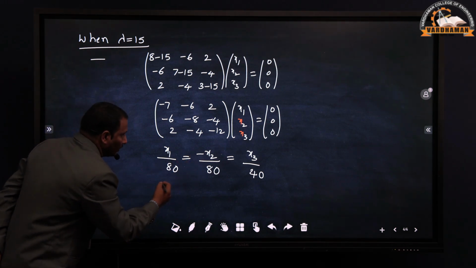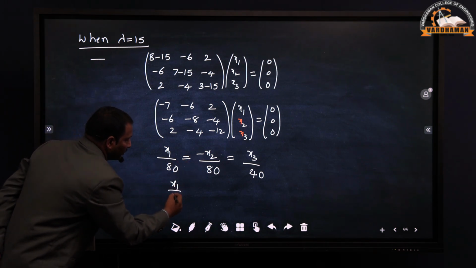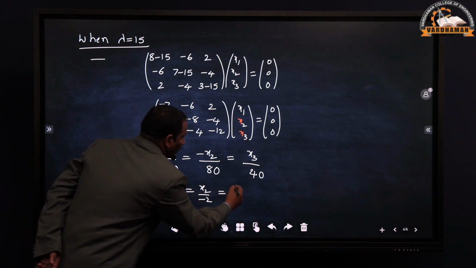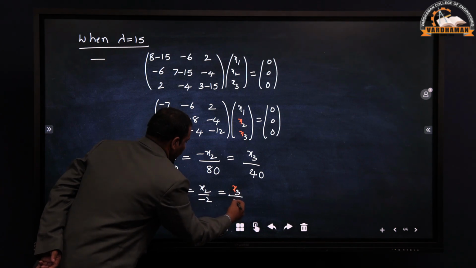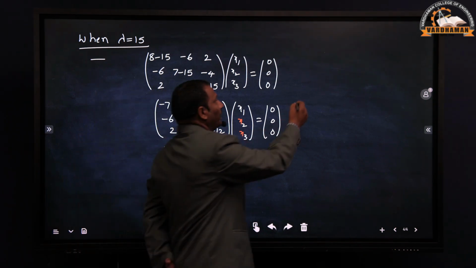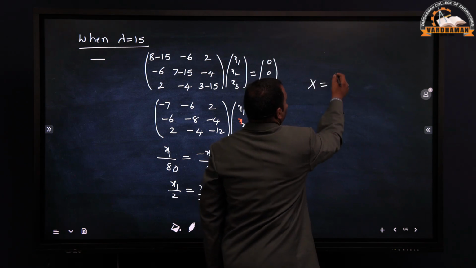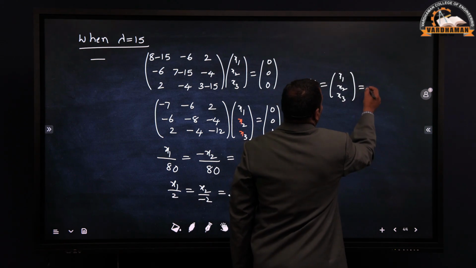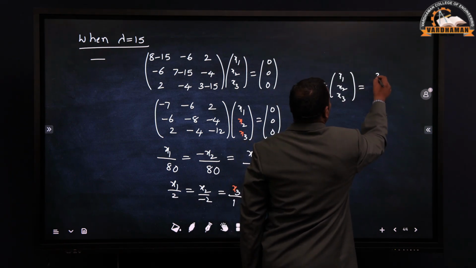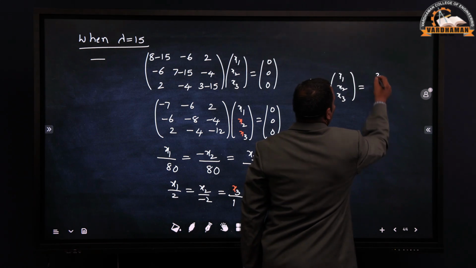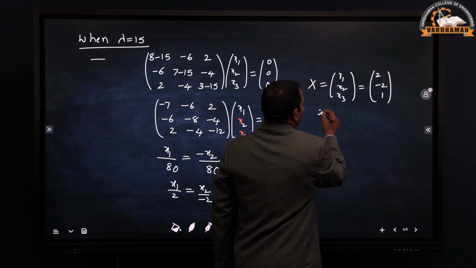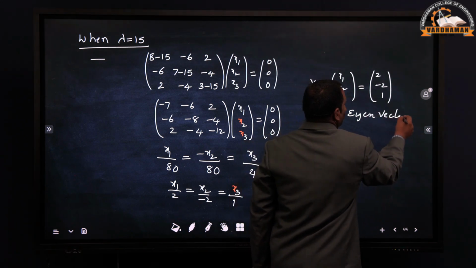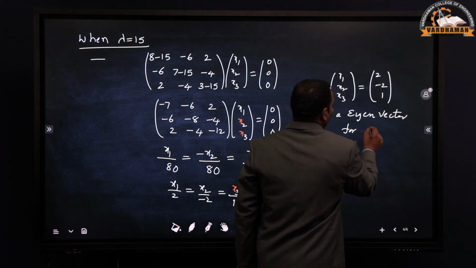Take out the common 40, so we get x1 by 2, x2 by minus 2 and x3 by 1. So the eigenvector is x equals x1, x2, x3 equals 2, minus 2, 1 for lambda equals 15.